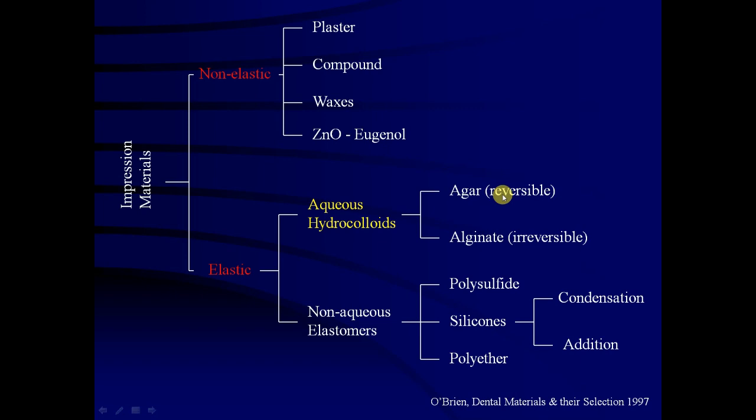It returns to its normal position, reversible from solution to gel or gel to solution. And second is alginate, it is irreversible. Non-aqueous elastomers are of three types: polysulfide, silicones, which are further divided into condensation silicones and addition silicones, and third one is the polyether.